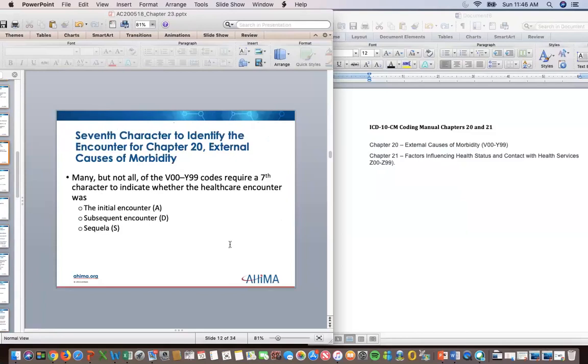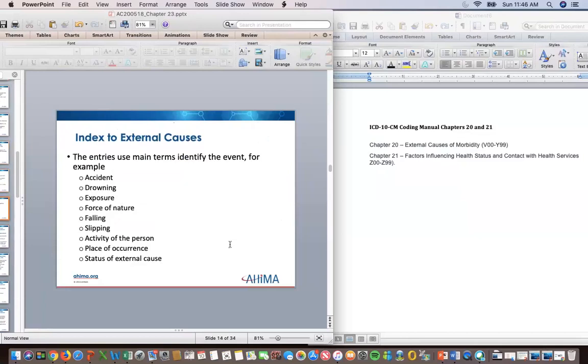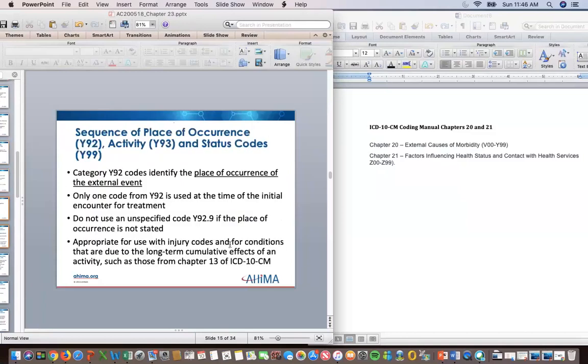Many, but not all, of the B00 to Y99 codes require a set of characters to indicate whether a health encounter was initial, subsequent, or sequela, just like your Chapter 19 did also. The entries used in the main terms to identify, so if you're looking at your index, you could be looking for accident, drowning, exposure, force of nature, falling, slipping, activity of the person, place of occurrence, as external causes.